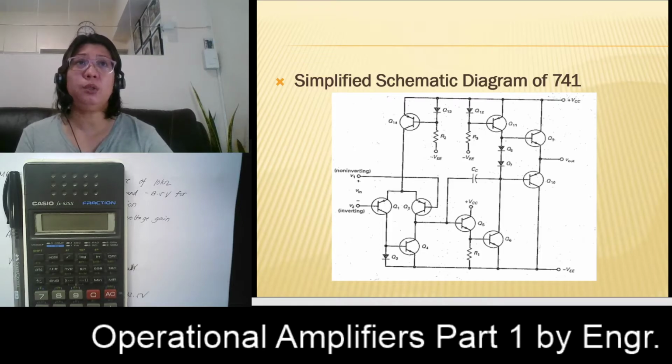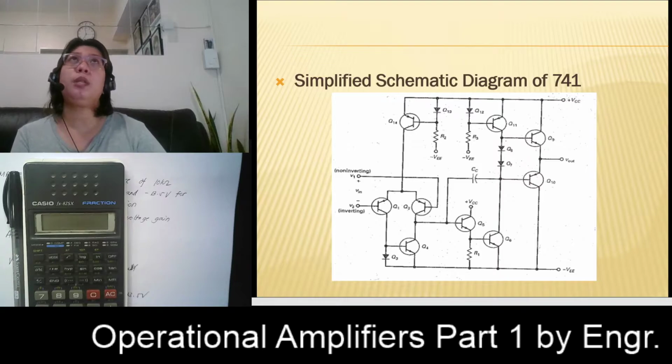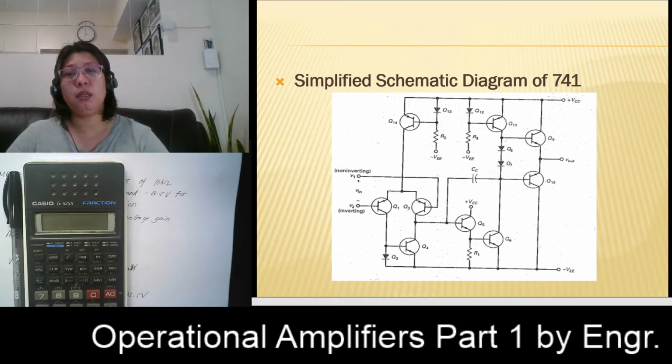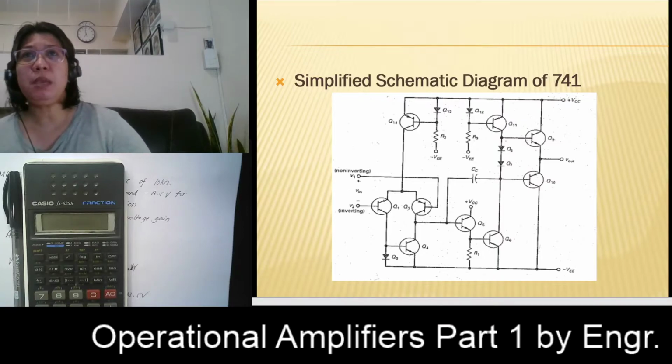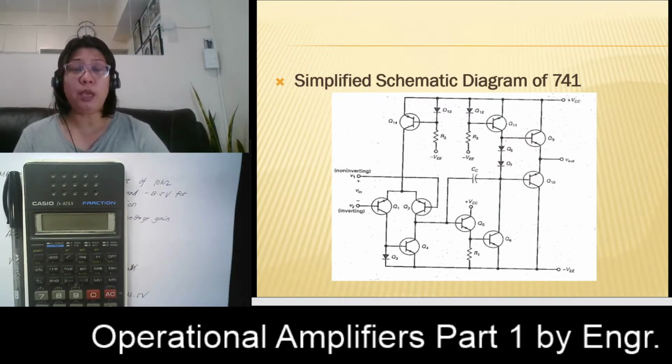It is good to know that although the 741 is usually connected to both a positive and a negative supply, the op amp can still be operated using a single voltage supply. Sometimes your negative VEE can be grounded while your positive VCC is connected to a positive DC supply.